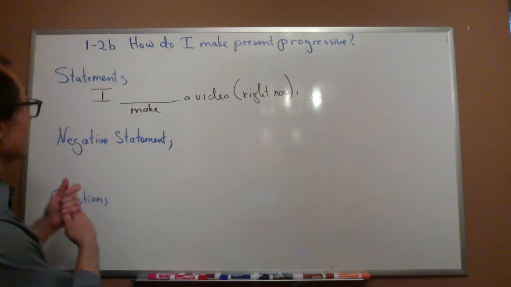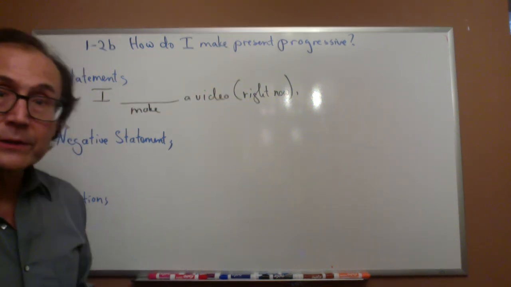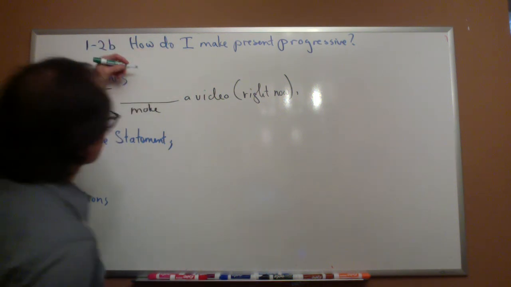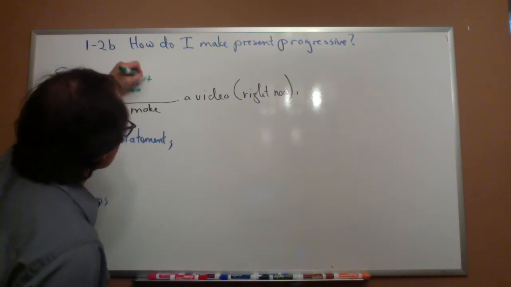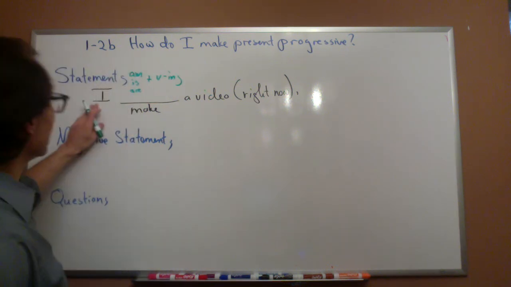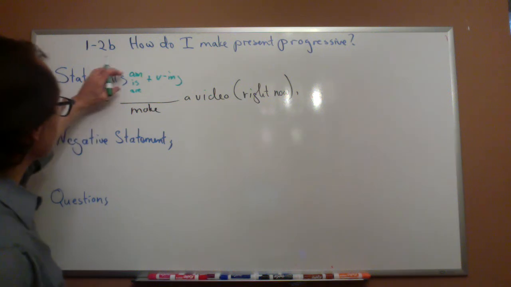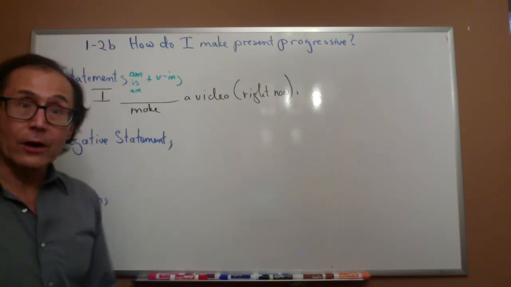Now, you remember that in the first video we said that for present progressive, I will use am, is, or are plus verb ing. So here I say, I'm talking about I. So would I say I am, I is, or I are?